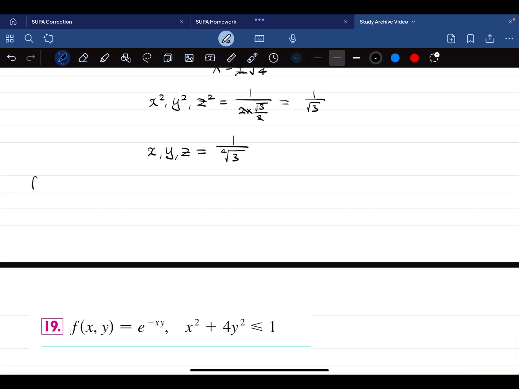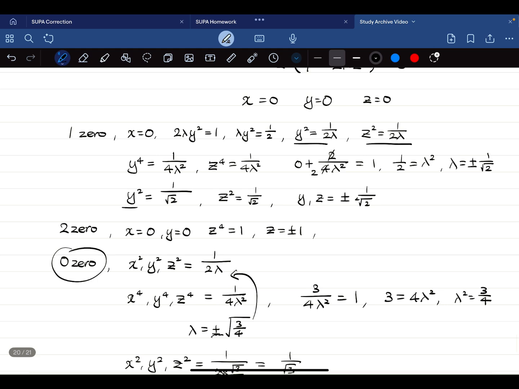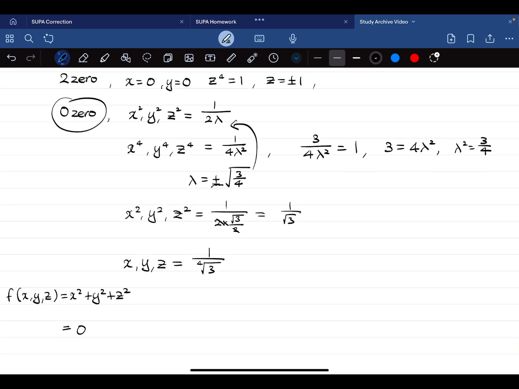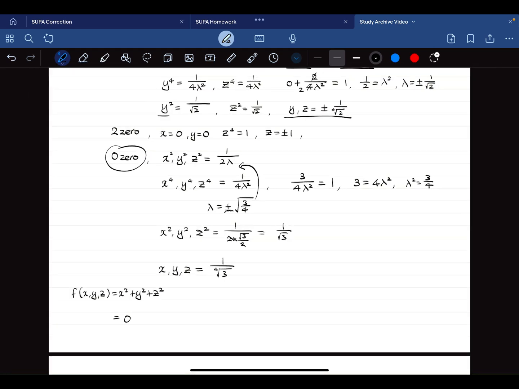So we have 3 cases, each represented with 1 zero, 2 zeros, and 3 zeros. And let's plug into our original function f of x, y, z, which is equal to x squared plus y squared plus z squared. So our first case with 1 zero came out to this: 0 plus 1 over root 2 plus 1 over root 2, that is just going to equal root 2.